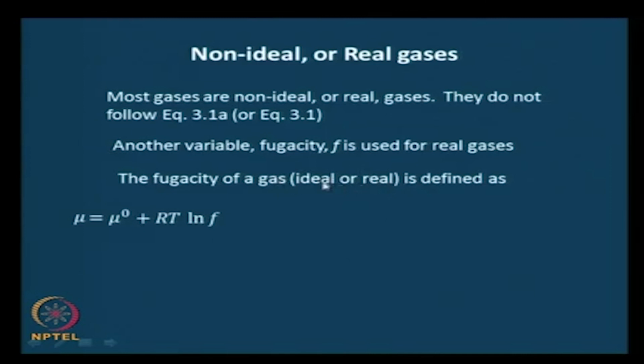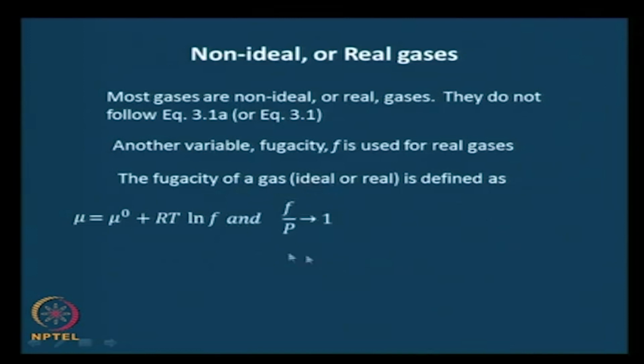A real gas formulation should include an ideal gas formulation, and therefore mu equals mu naught plus RT ln F instead of RT ln P should be able to define all gases.